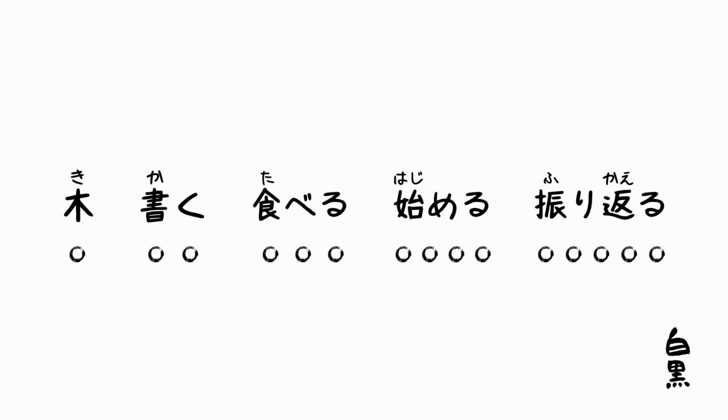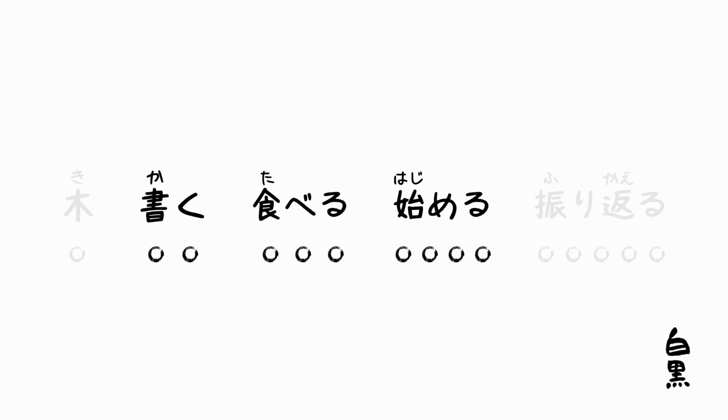Alright, let's get started. So, what is pitch accent? Now that we know what moras are, it's actually very simple. Remember these 5 words that I showed you earlier? Let's just focus on 3 of them for now. The circles show how many moras each word has, but they don't tell you the pitches.